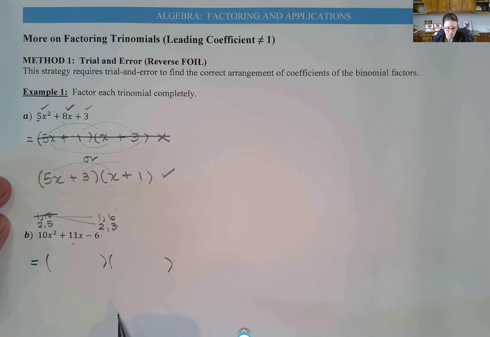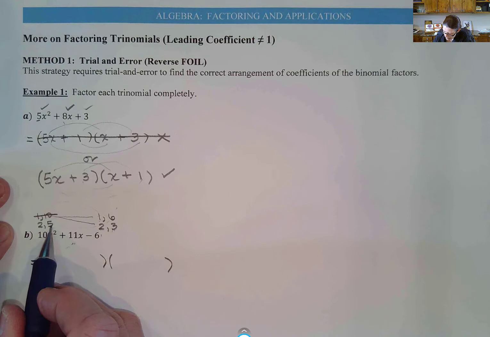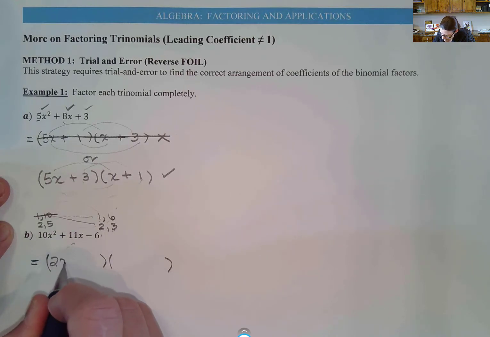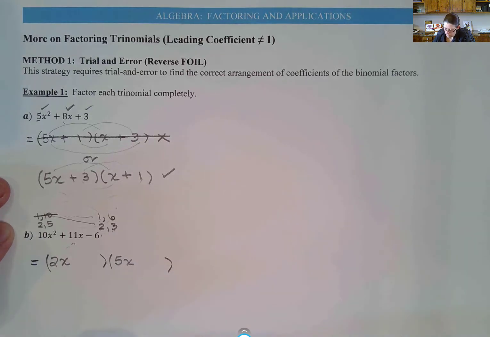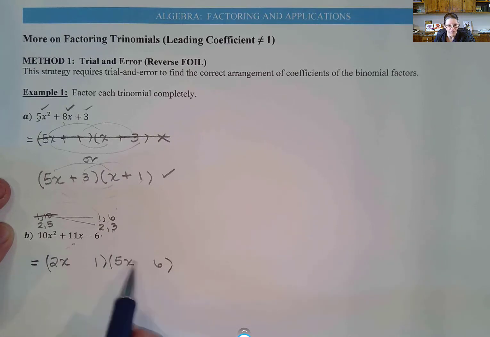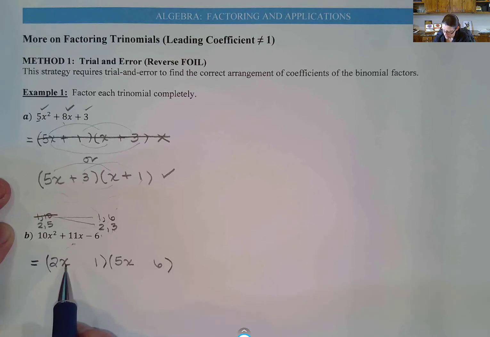If we try the 2 and 5, say 2x with the 5x, can we place a 1 and 6 in there? Okay, now I'm not putting the signs in yet. We know they're differently signed, so we'll end up subtracting our inner and outer products. Can we consider 5x and 12x via subtraction to obtain 11?